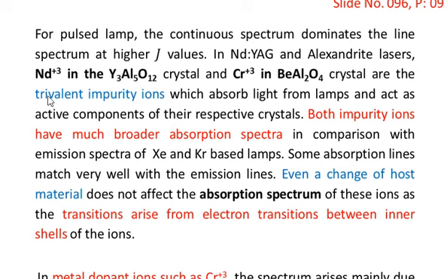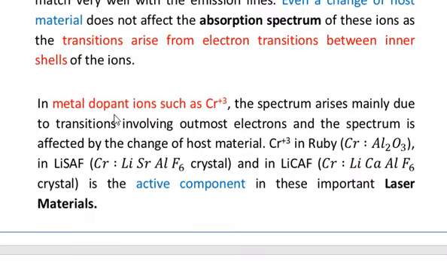Because the absorption spectrum of these ions is important, and the transitions arise from the electron transitions between the inner shells of the ions, the outer shells are not involved in this case. So the host materials could be anything, and this technique will work. In metal dopant ions such as chromium plus 3, the spectrum arises mainly due to the transitions involving outermost electrons.